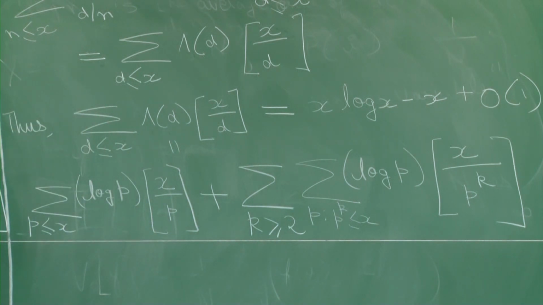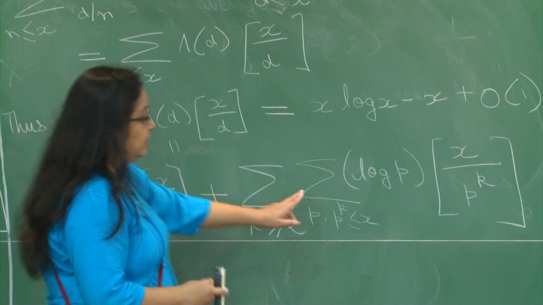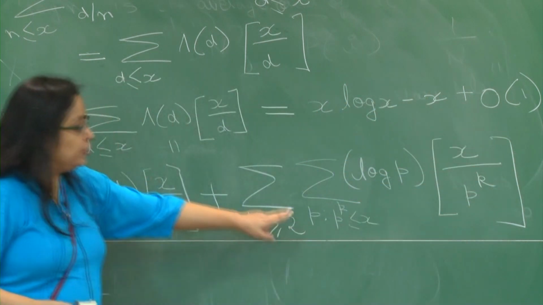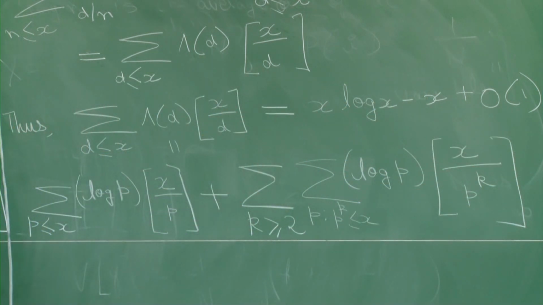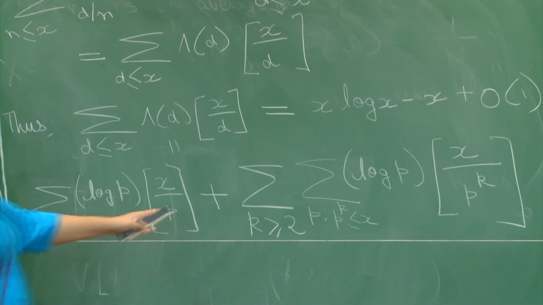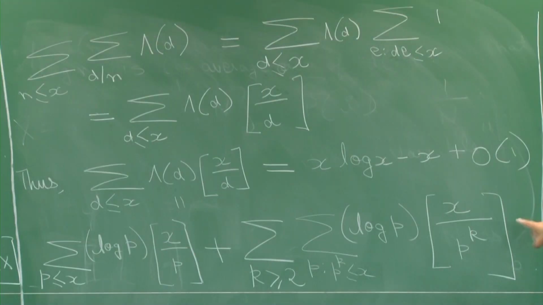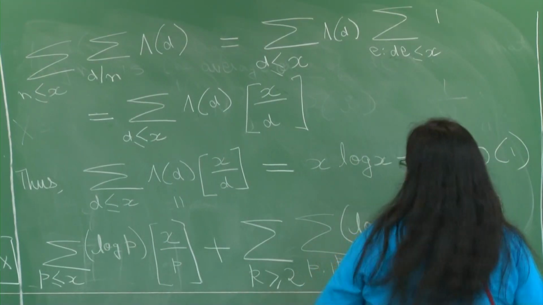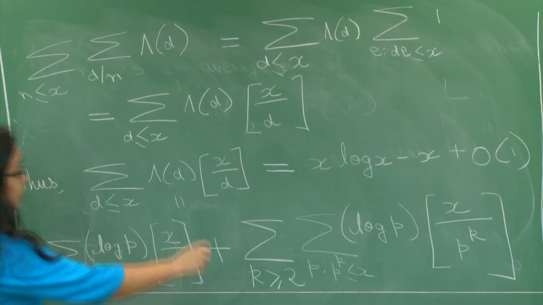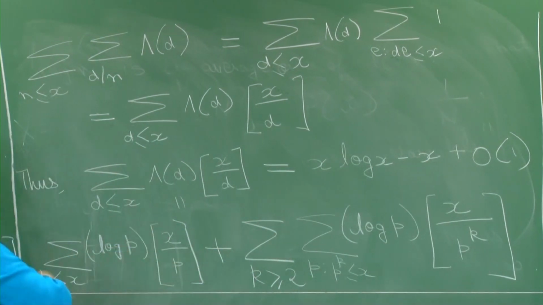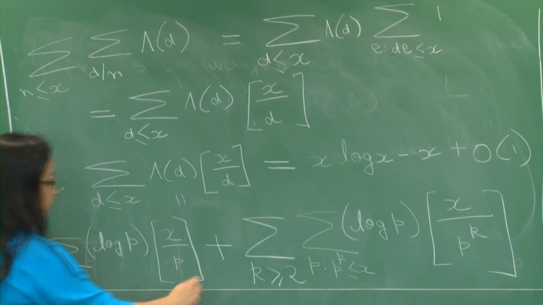Now, as discussed in our previous class, the sum corresponding to higher powers of prime do not contribute much to this sum. So, here what we observe is the following. If you let me write it here itself. So, suppose you have the second term, okay.